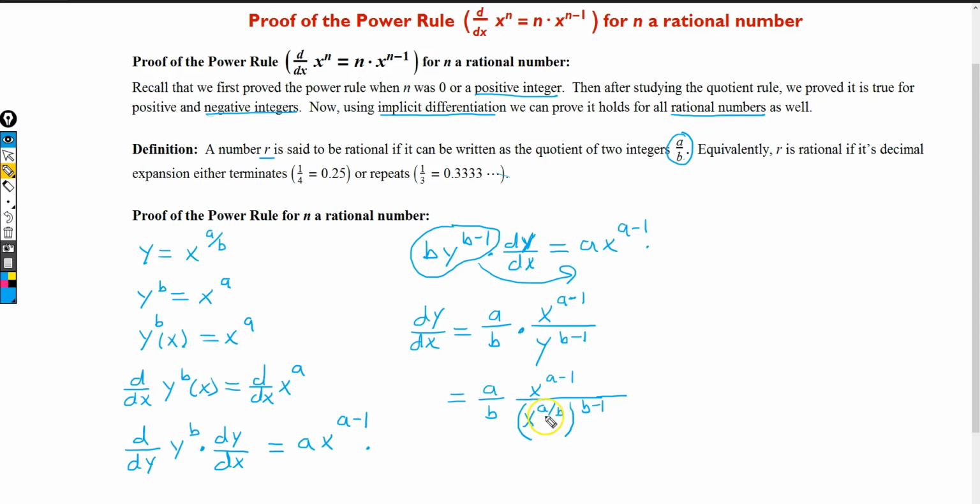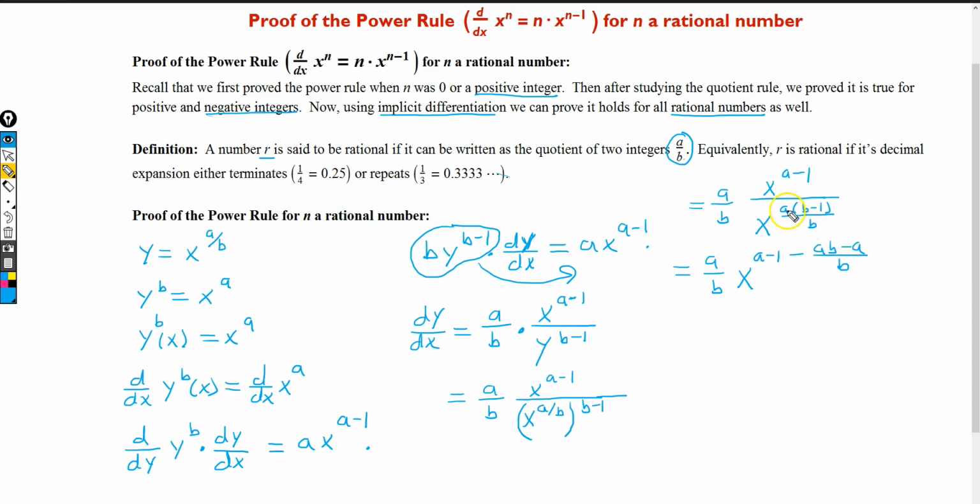By properties of exponents, we multiply a over b times the b minus 1 in the denominator here. Then, subtracting this exponent from this exponent, we end up with the following.